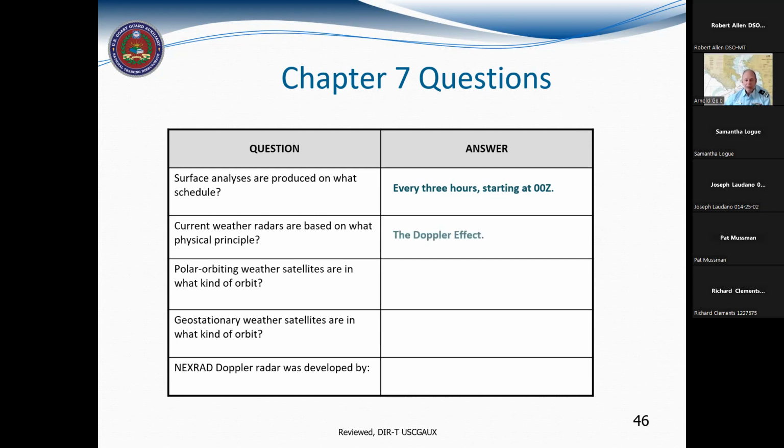Doppler effect. Okay. Polar orbiting weather satellites are in what kind of orbit? Sun synchronous. Sun synchronous, as opposed to the next question, geostationary. And geostationary weather satellites are in what kind of orbit? Equatorial, and they're over a constant longitude.